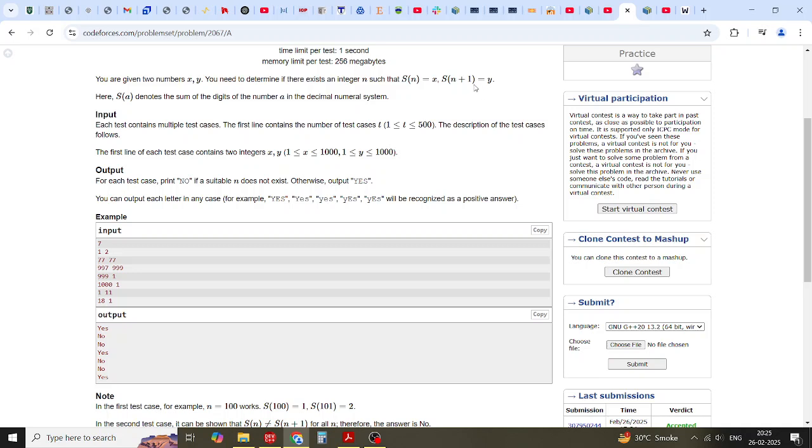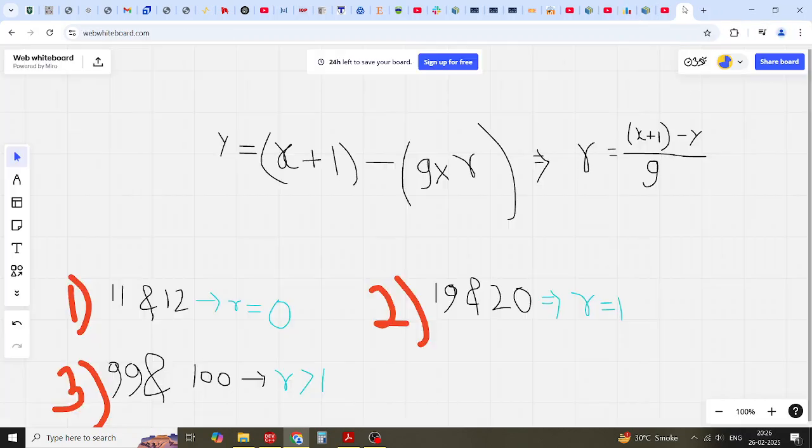So if in real life a number exists, then it will happen like this: y and x. The difference between y and x will be 1. If you see here, the difference between y and x will be 1, that's why I have added x plus 1 here. And if they are consecutive numbers, then this point is satisfied, and r will be 0.